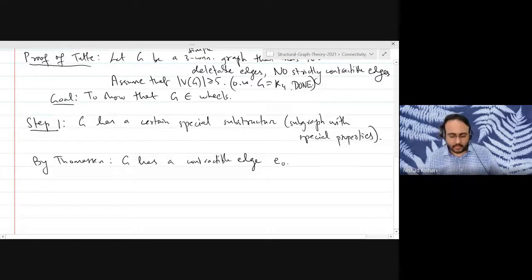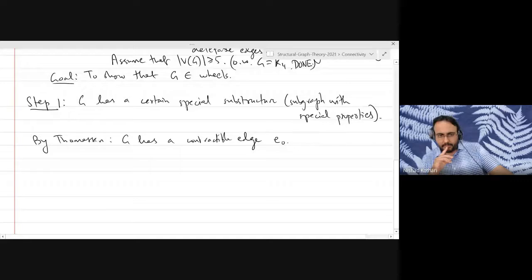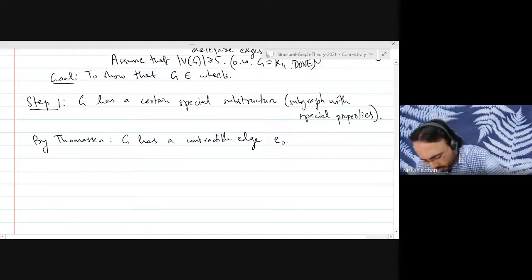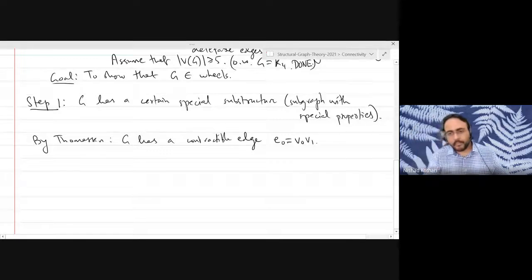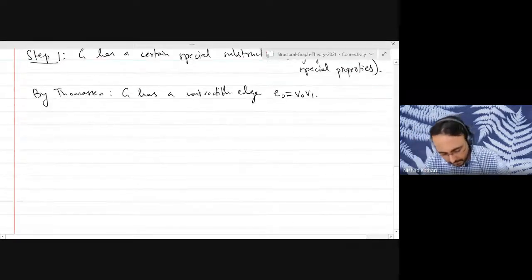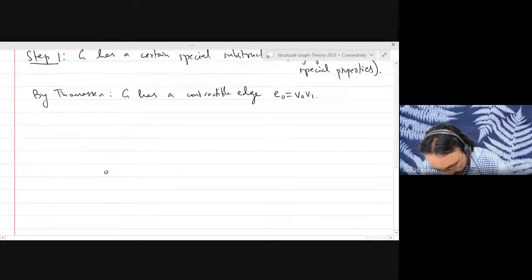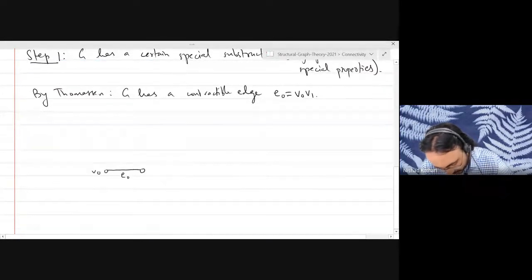You will see why I'm calling it E0 in some time. Let's call its ends V0, V1. So this is the edge E0, with ends V0 and V1.